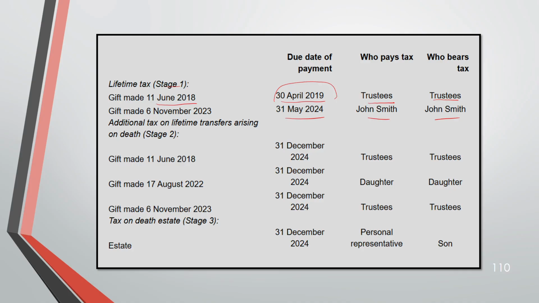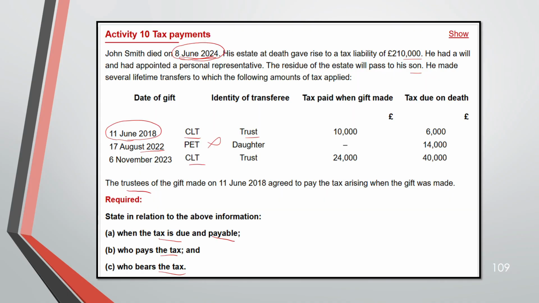Okay. Now, stage 2. Stage 2 additional tax will be paid now because of death. So if you see that death is 8th June, 6 months if you take from the end of June, July, August, September, October, November, December. So it's 31st December 2024.